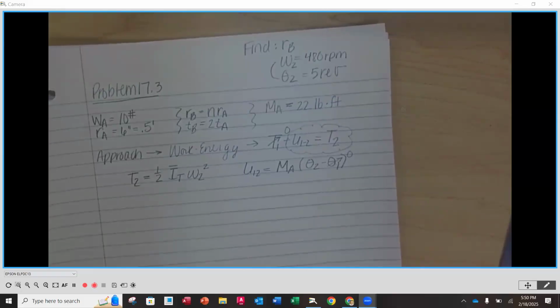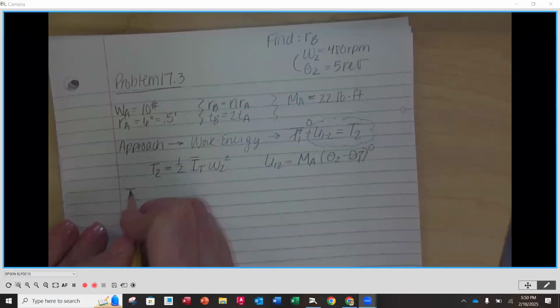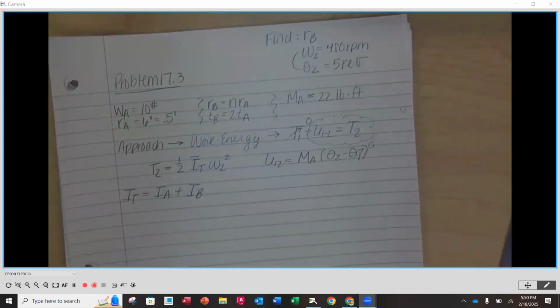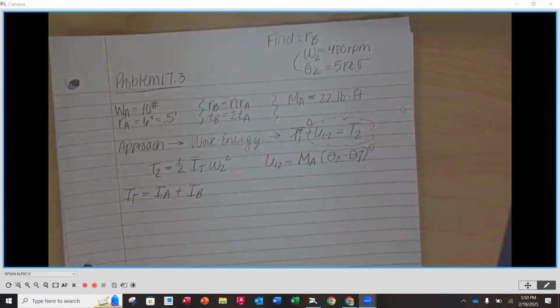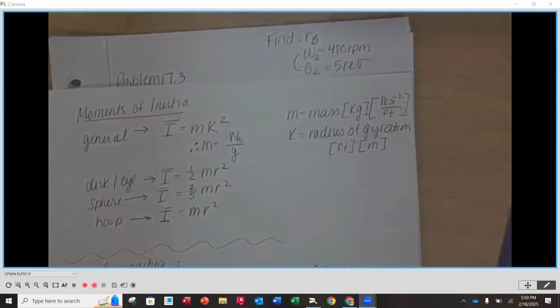So we got to look, okay, what are the things that we need and have to calculate? So we need a total moment of inertia, okay? The total moment of inertia is going to be equal to the moment of inertia of body A or disk A plus the moment of inertia of disk B, okay? Now, because these are solid disks or cylinders that are given to us, as you recall from our equation sheet, we wrote down some generic shape moments of inertia, okay?